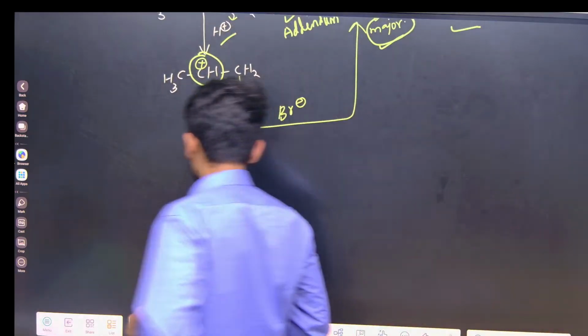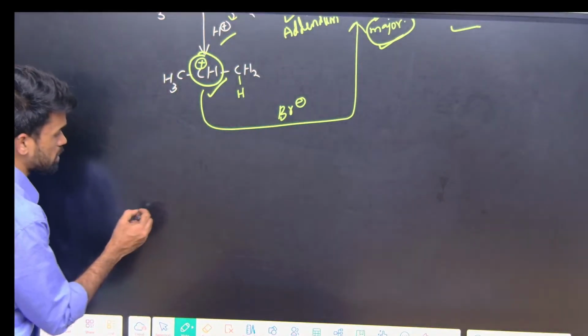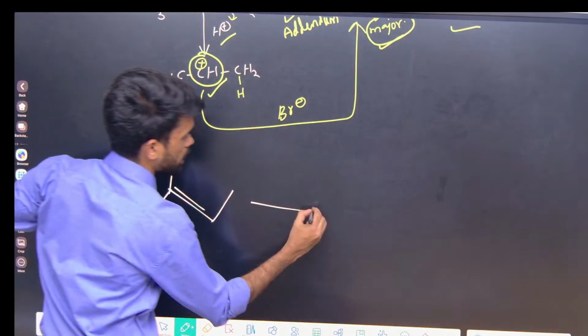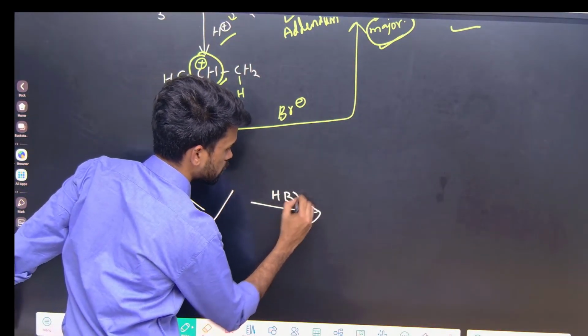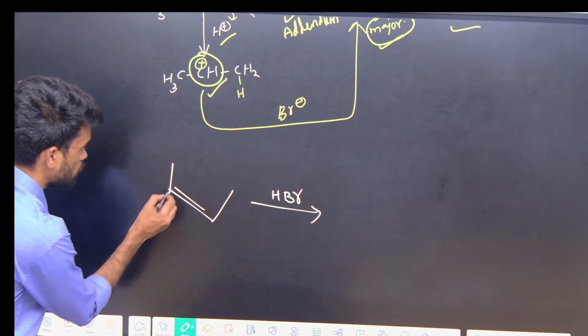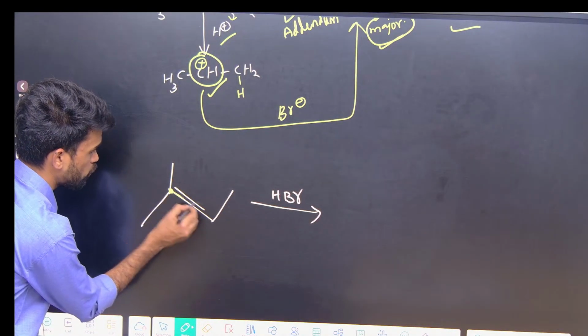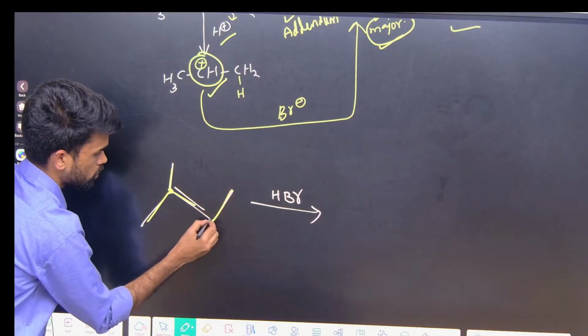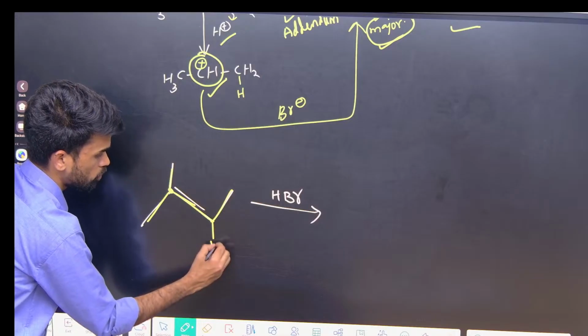Okay, so now once again one more example I am giving you here. Just tell me, to this you need to add HBr. Fast. Tell me. Where will it go? Yes. So here this carbon contains 4 bonds. There is no hydrogen here. Here you have 1, 2, 3, 4, 1 hydrogen is there.